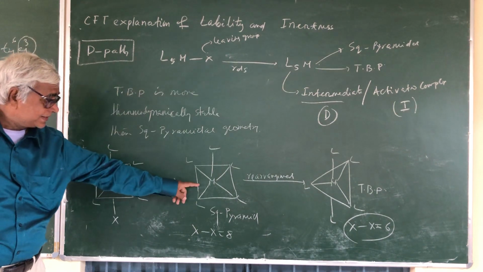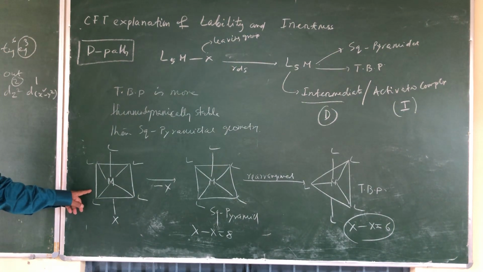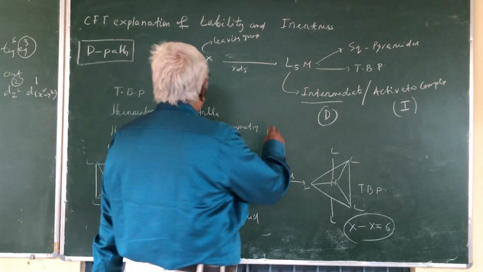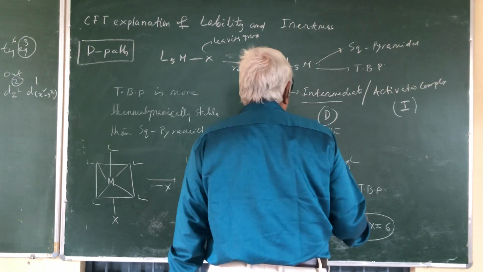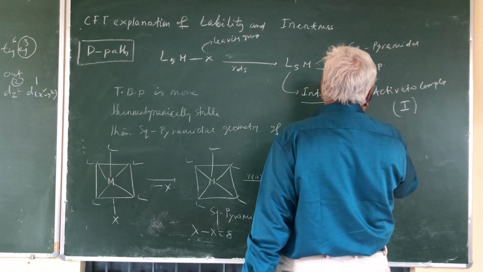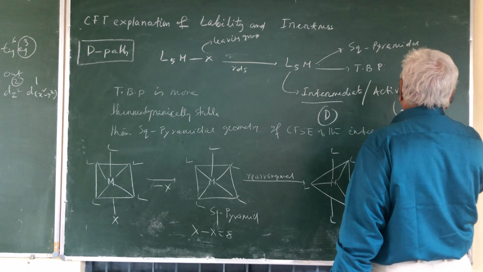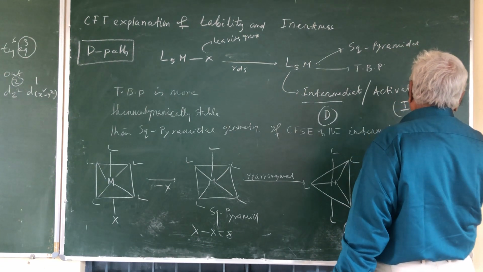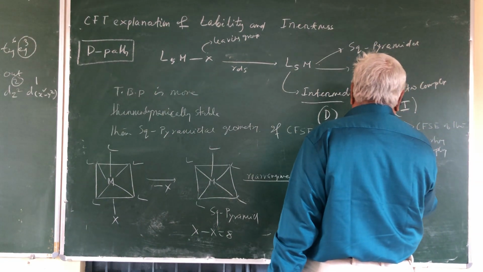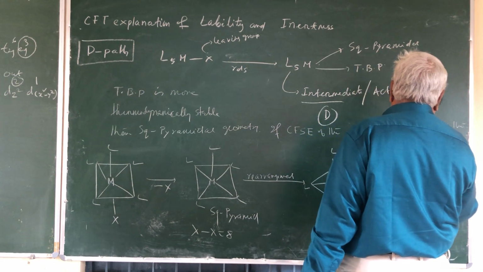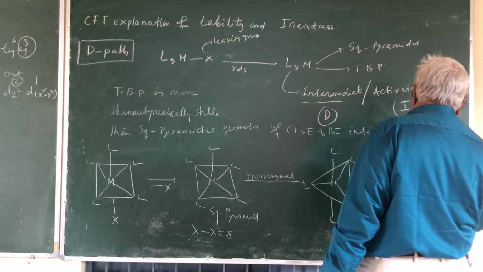So if we calculate the crystal field stabilization of this intermediate and the crystal field stabilization of the starting complex, if the crystal field stabilization of the intermediate is greater than the crystal field stabilization of the starting complex, then the starting complex will be labile.